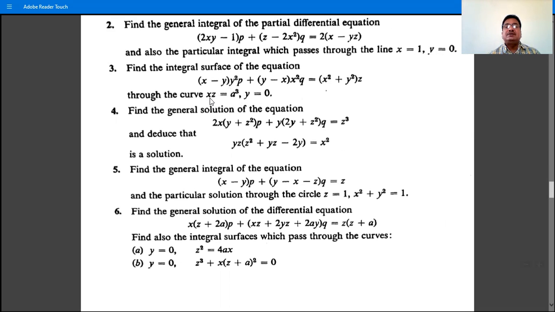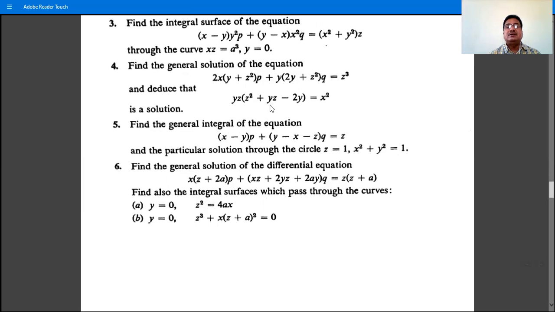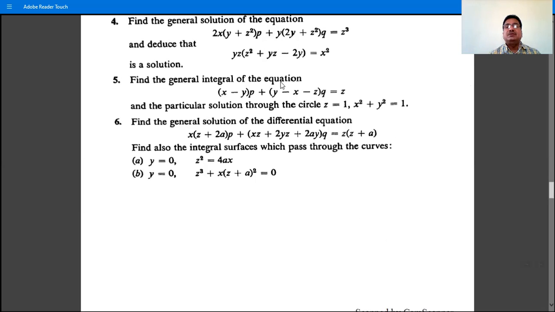If we take x as t, then z is a cube by t and y is 0. So all these examples, this is the solution of this differential equation.